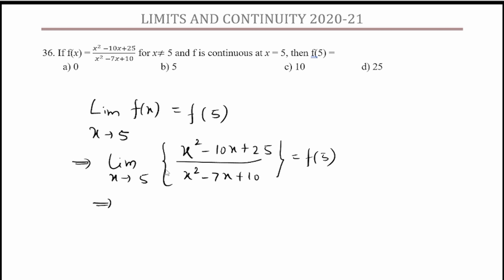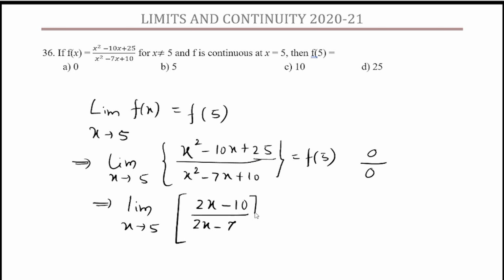Now put x equal to 5, it is in the indeterminate form, that is 0 by 0. So simplify using L'Hospital rule, differentiate numerator and denominator separately. Derivative of x square is 2x, derivative of 10x is 10, derivative of 25 constant is 0, divided by derivative of x square is 2x, minus derivative of 7x is 7, derivative of 10 is 0, is equal to f of 5.